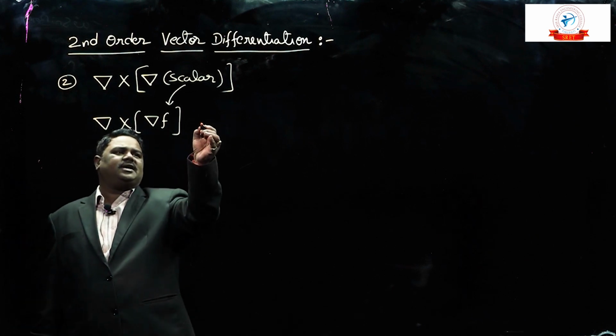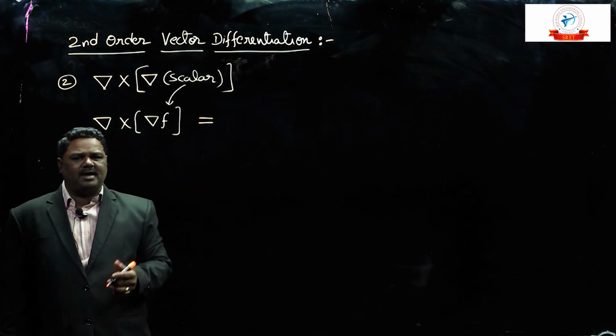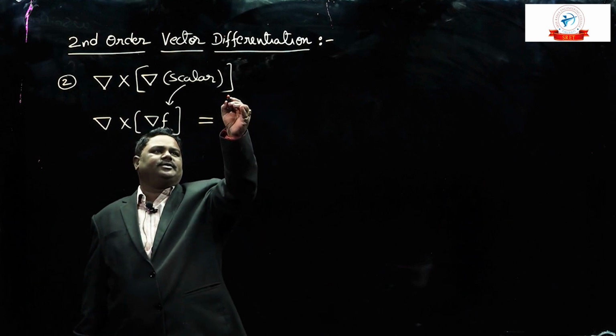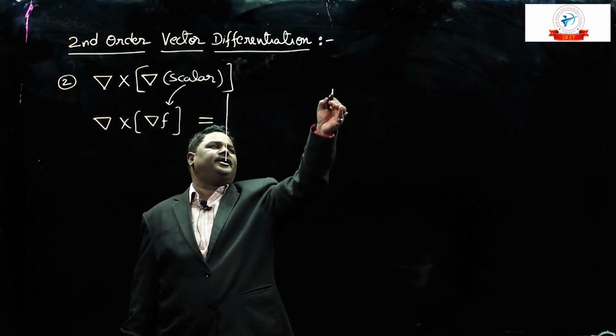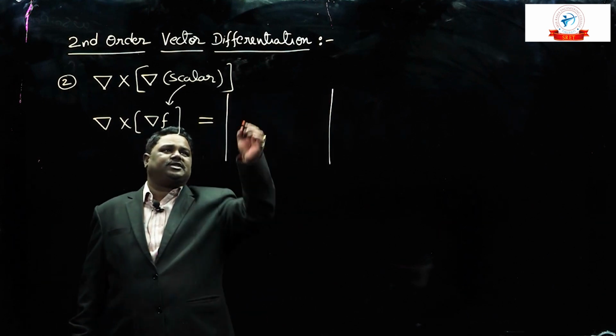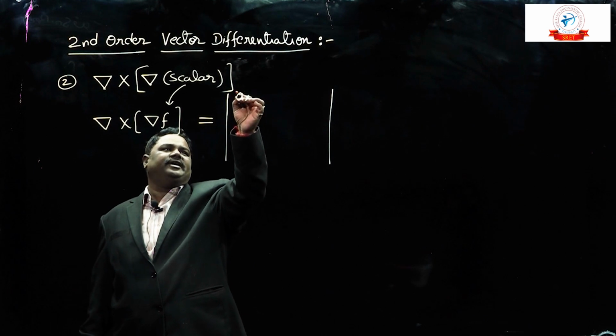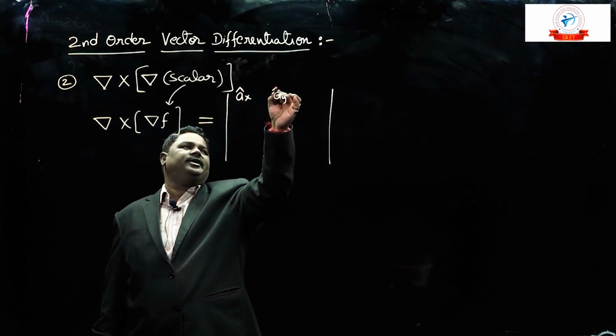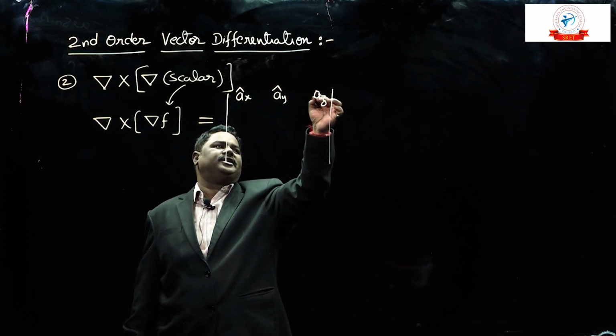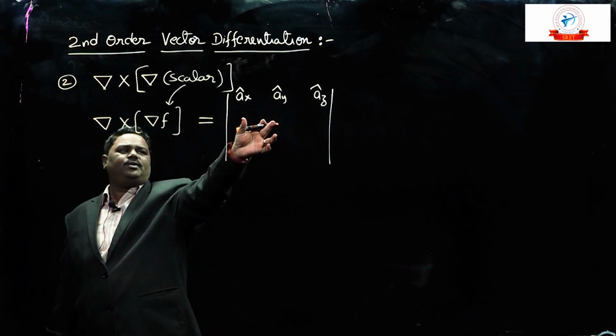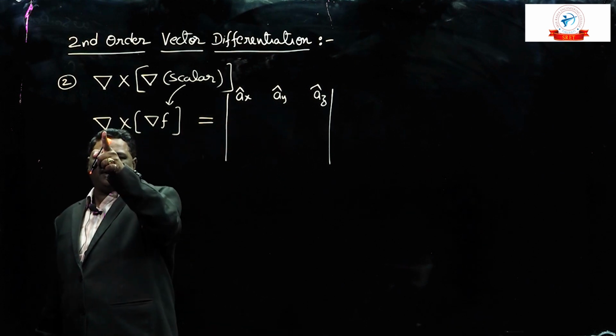How do we evaluate any curl operation? With the help of a determinant. So let us write a determinant here. The first row must be the unit vectors ax cap, ay cap, az cap, and the second row is the components of the first vector. The first vector in the cross product is del.